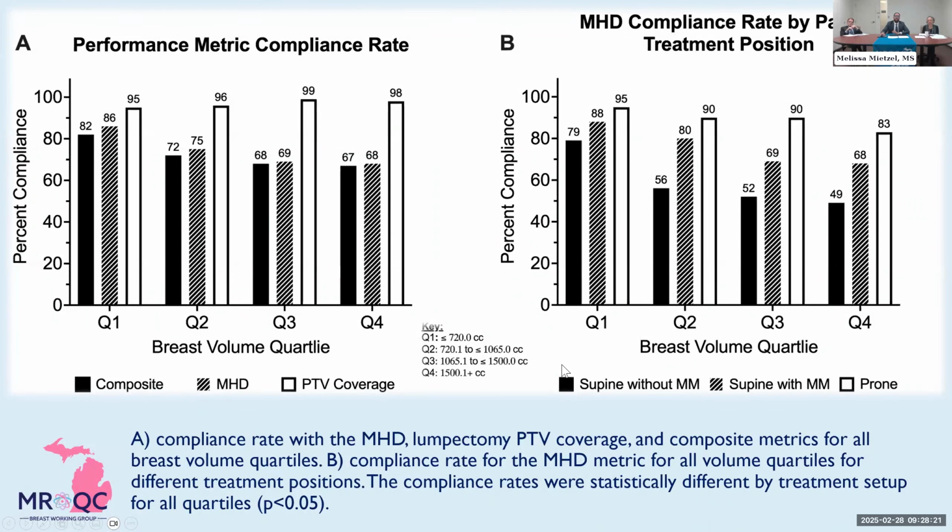Here we are looking at treatment position combined with motion management. The black bars are supine treatments without motion management. The hashed bars are supine treatments with motion management, and the white bars are prone treatments. We see a couple things to take away. As you increase breast size, the compliance with the mean heart dose does decrease.